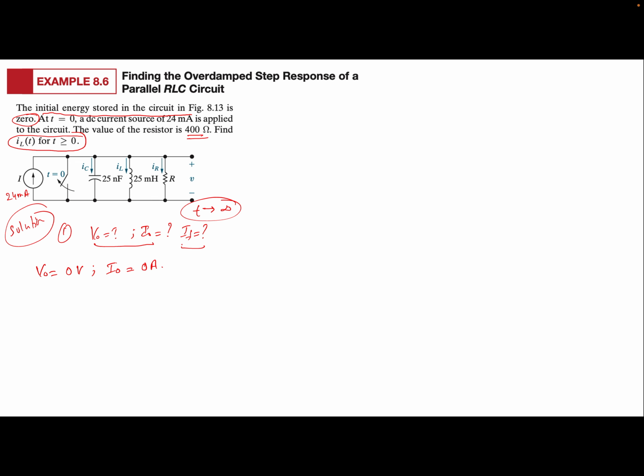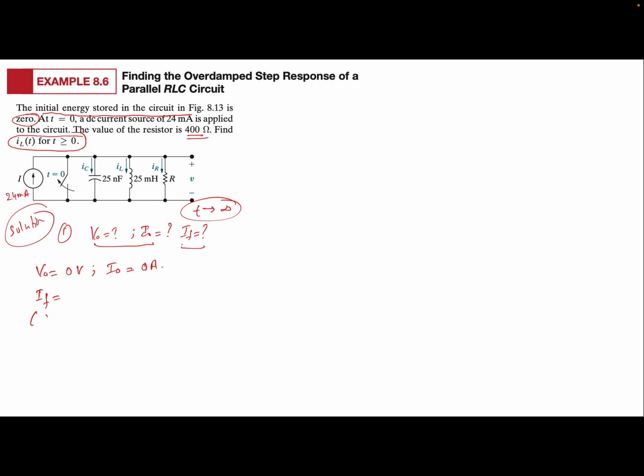Okay, then let's find the value of IF. What is going to be the final value of the current? When we reach the next steady state, the next final state in the step response, at that point in time your capacitor is going to become open circuit and the inductor is going to become short circuit.